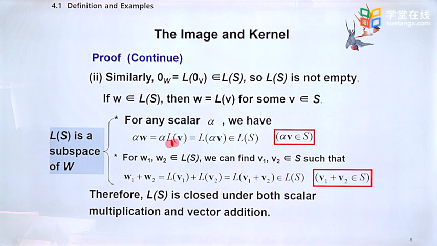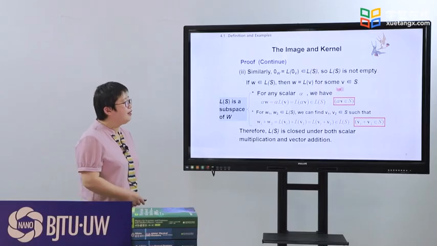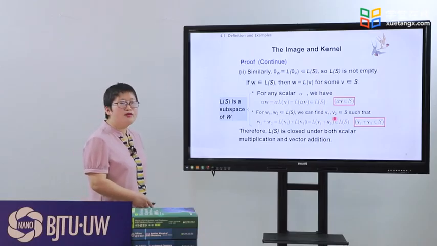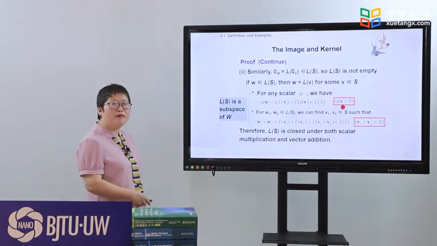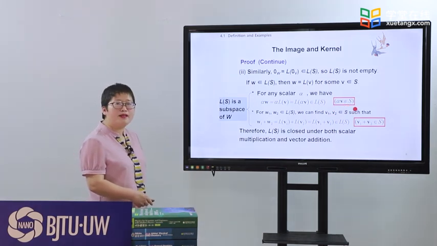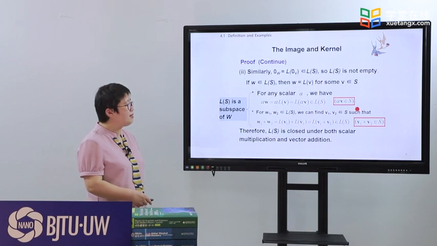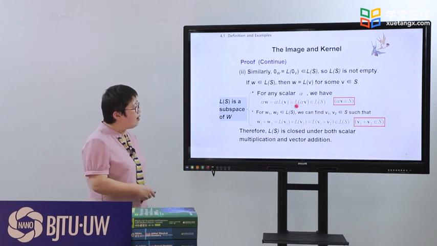Here w equals L(v), and using the definition of linear transformation, we can put α in, so it equals L(αv). And we know that αv belongs to S. This comes from the closure property of a subspace. So this L(αv) belongs to L(S).